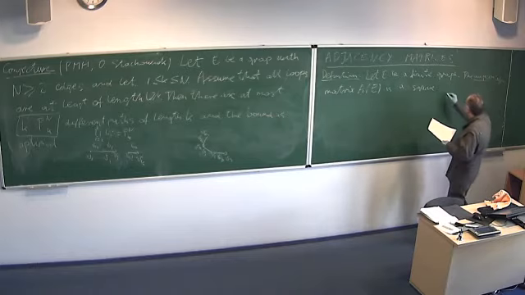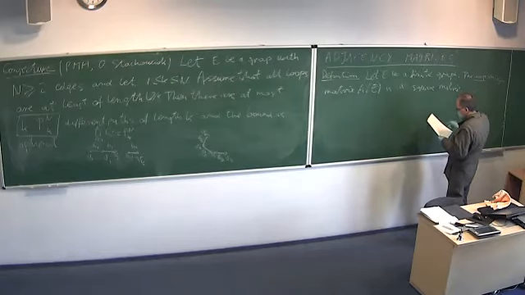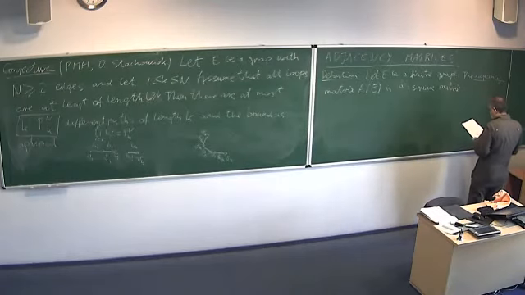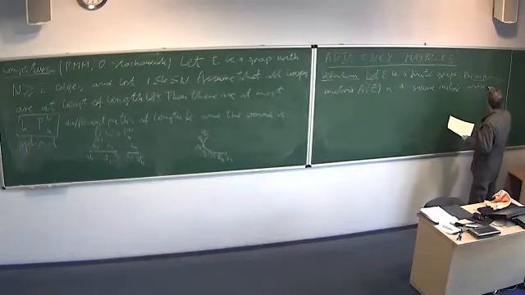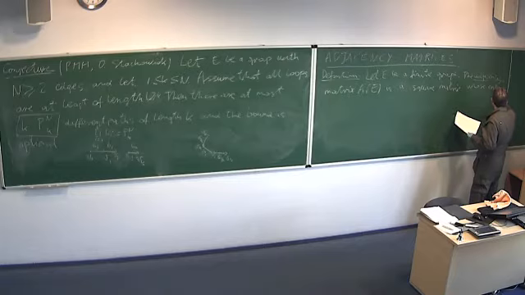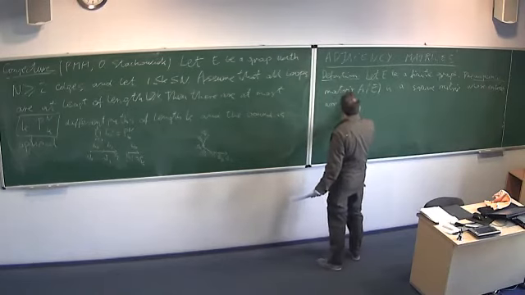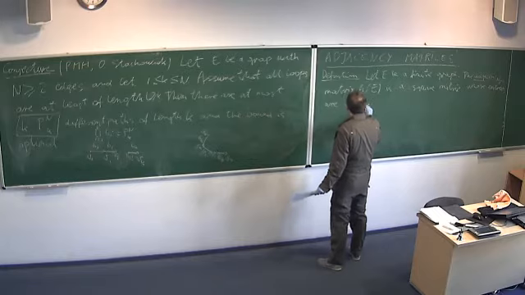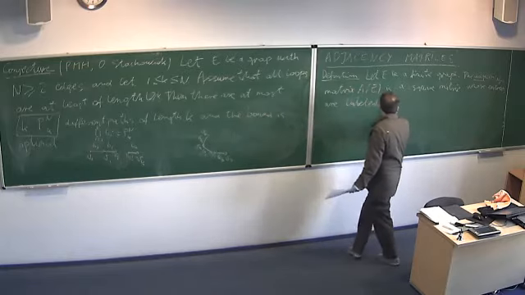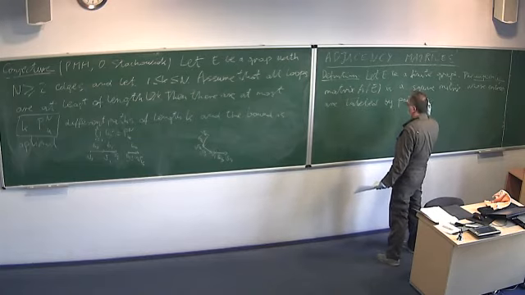A square matrix whose entries are labeled by pairs of vertices, and when I say pairs, I mean ordered pairs.